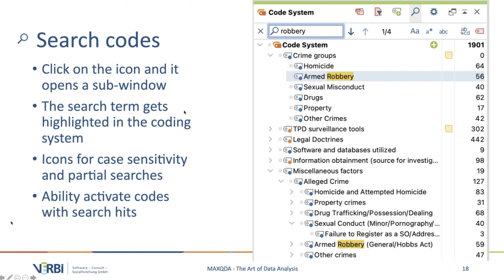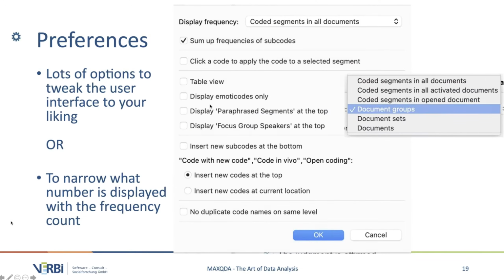Okay. And there are icons for case sensitivity and partial word searches as well. So it's pretty powerful. Is it essential? No, but it can save you time. And that's probably the most important thing. It can save you time.